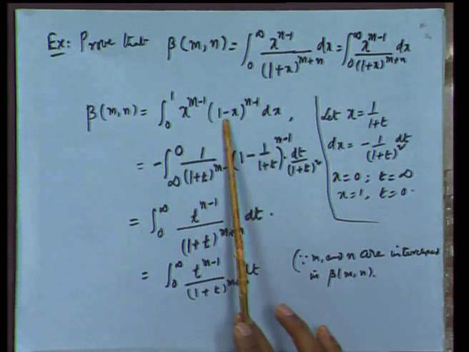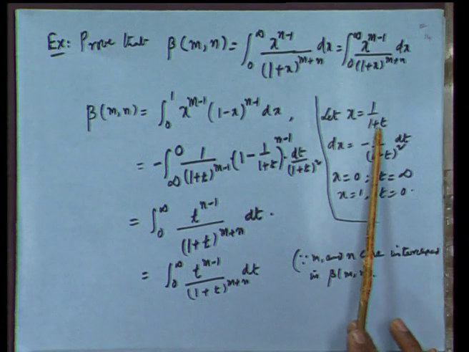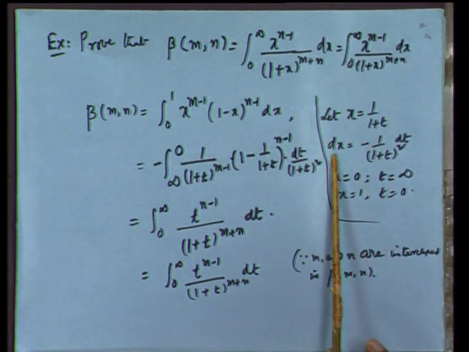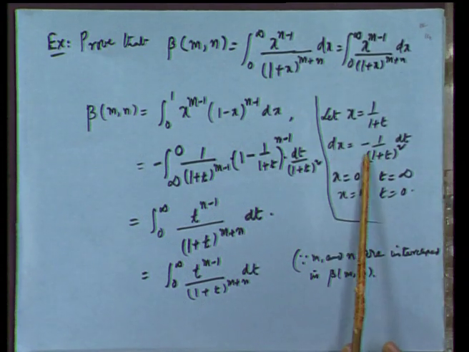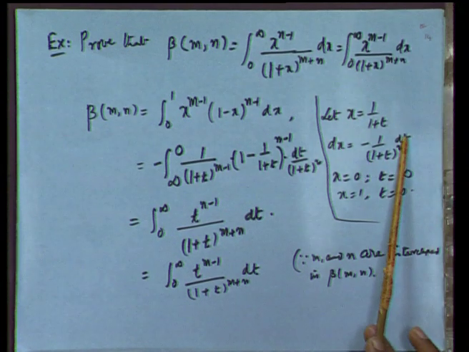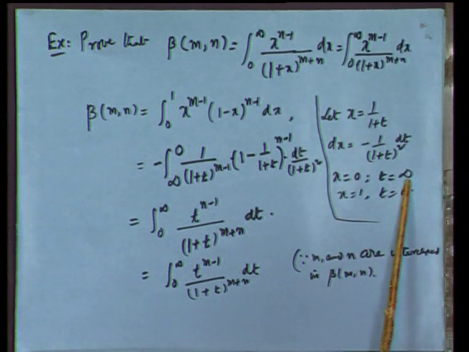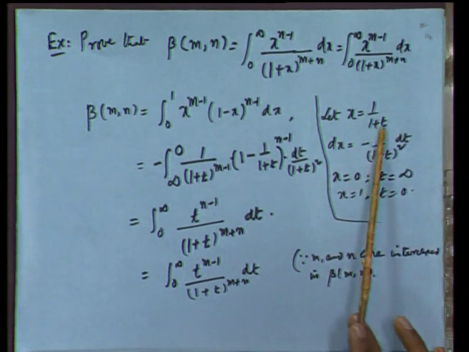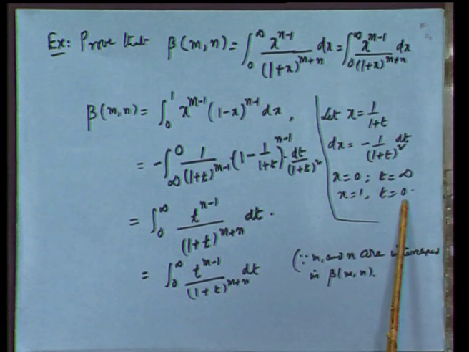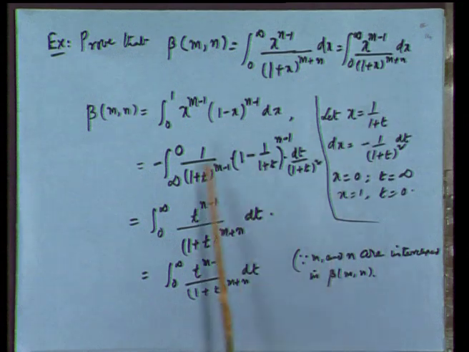Now, it is only a matter of change of variable. Change the variable x to 1 by 1 plus t, so that dx will be equal to minus of 1 by 1 plus t whole square into dt. So that when x tends to 0, t should tend to infinity. Similarly, when x equal to 1, t should be equal to 0. So you substitute these variables here.